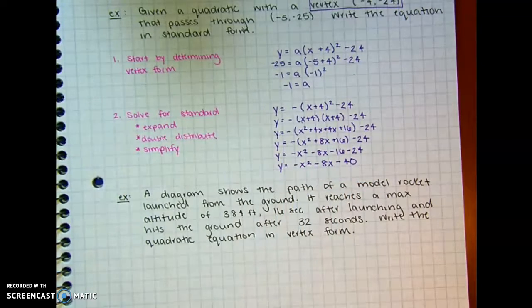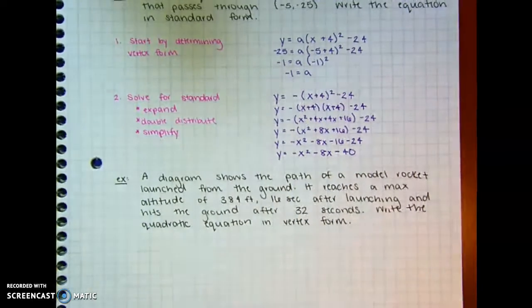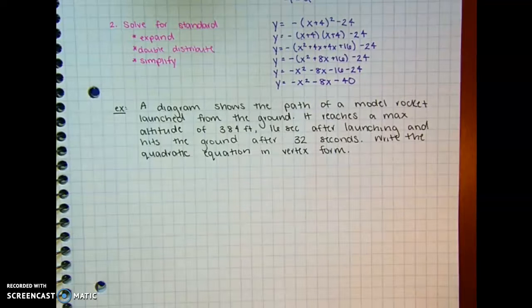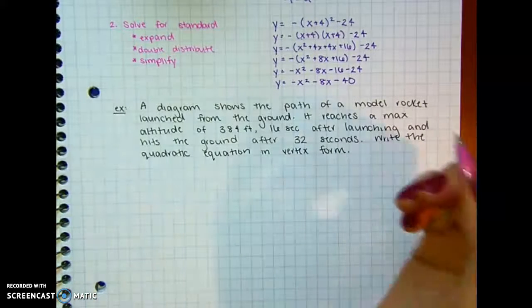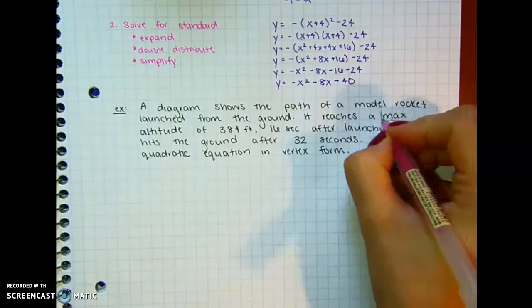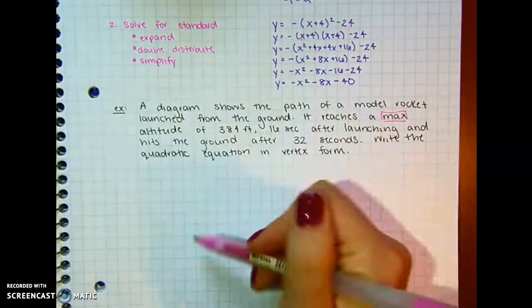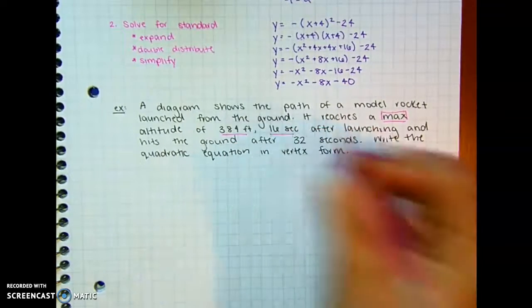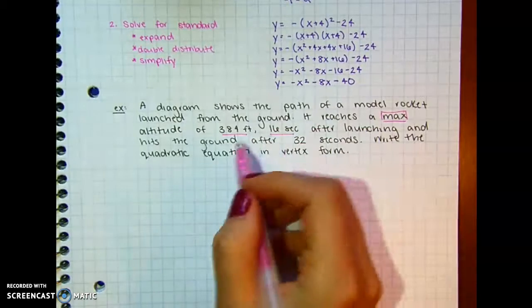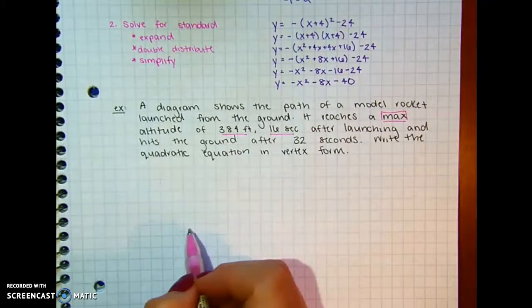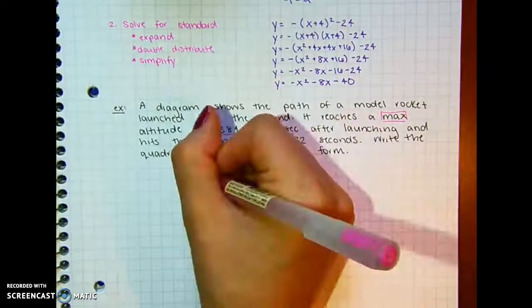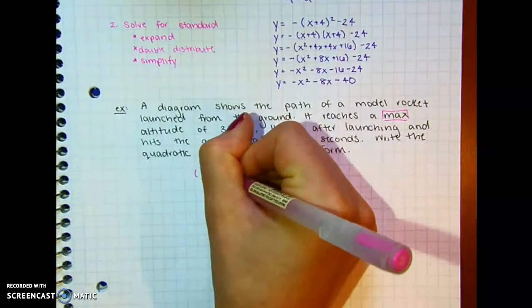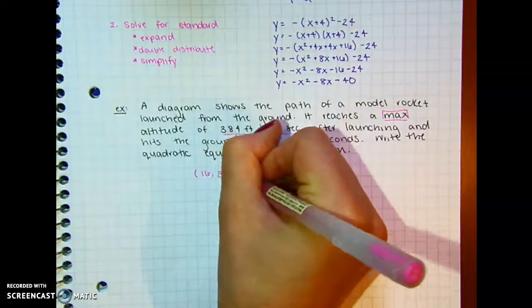Alrighty, so first things first, we need to look at what we're given. And we are given 2 points. First of all, we are given the max. So the max is going to be the vertex. Time determines the height. So the coordinate point will be (16, 384).